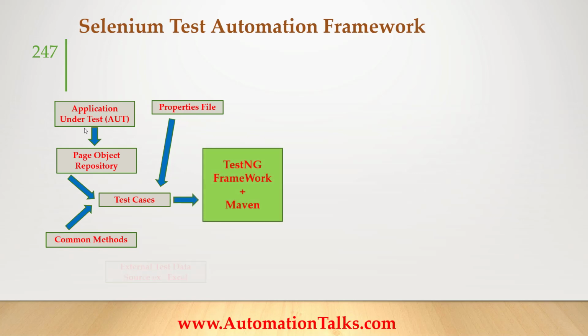Apart from this, we are going to read data from Excel, right? We cannot hard code the data, so most of the time we will be reading the data from an Excel spreadsheet, which we call test data, right? And all these things, that is, my test cases, page object model, common methods, properties file, external data source, test data, everything we will be combining together into the TestNG framework, right?